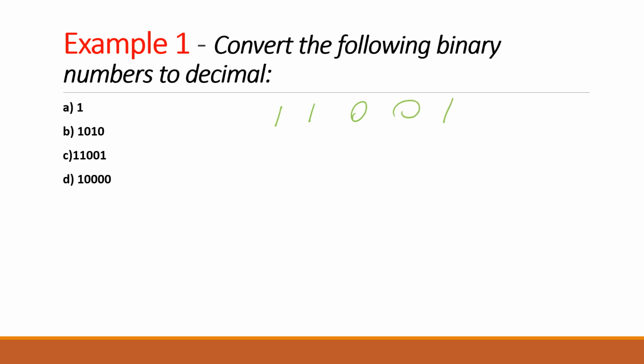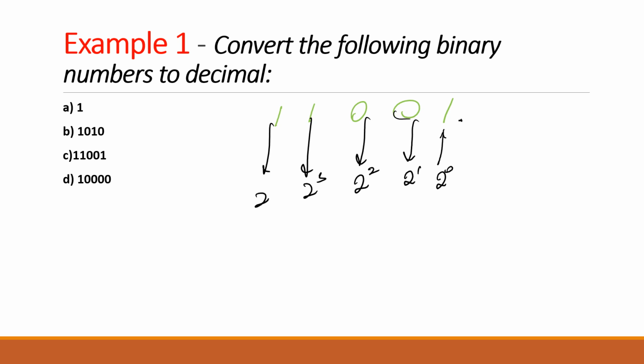The place values for these numbers: if there is a binary dot, it should be here. So this place value is 2 to the power 0, this one is 2 to the power 1, this one is 2 to the power 2, this one is 2 to the power 3, and this one is 2 to the power 4. That means the numbers here are 1, 2, 4, 8, 16.